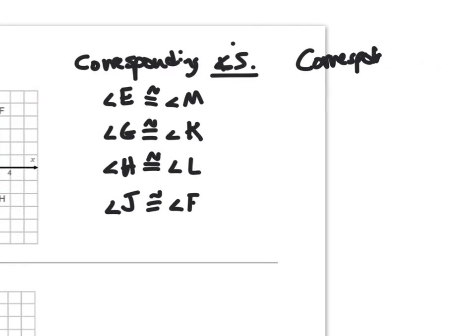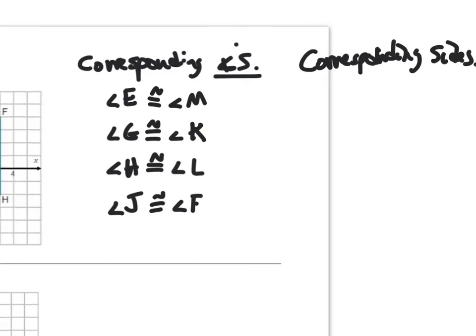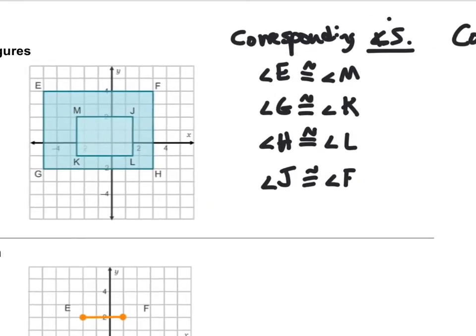Corresponding sides. If I take a look at segment EG, from 4 to negative 2, this is a length of 6. That means that FH is a length of 6. GH is going to go from negative 5 to 3, that's 8, and that's 8.